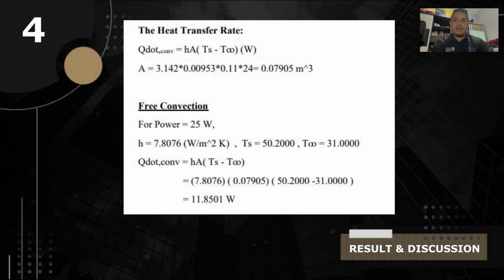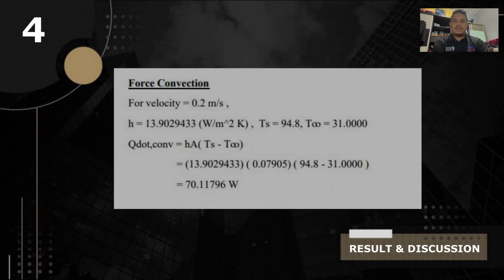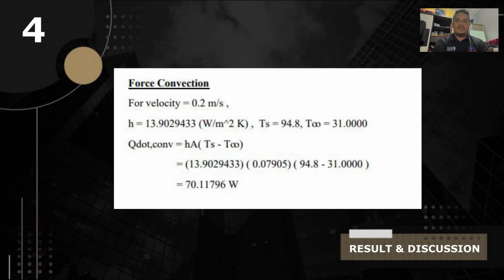For the free convection, we got the heat transfer rate 11.8501 watt. And for example for forced convection, we use velocity 0.2, and then use the same formula, we got 70.11796 watt.